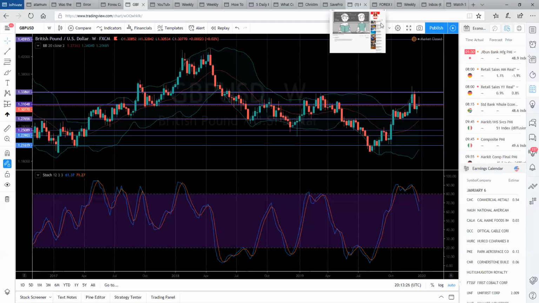Now, we're looking at the GBP/USD pair as we've always done with our charting and analysis. From what we have here, price is at a support zone right now.